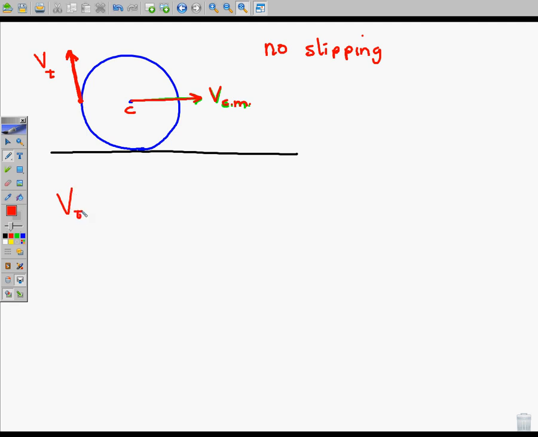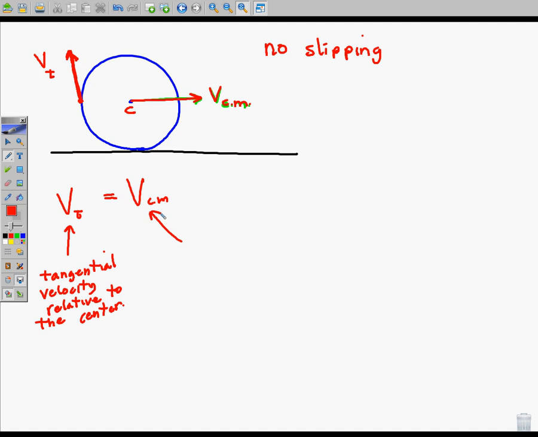This is the tangential velocity of a point on the surface relative to the center, and this is the velocity of the wheel going down the road. This is what you're going to have to use in problems.